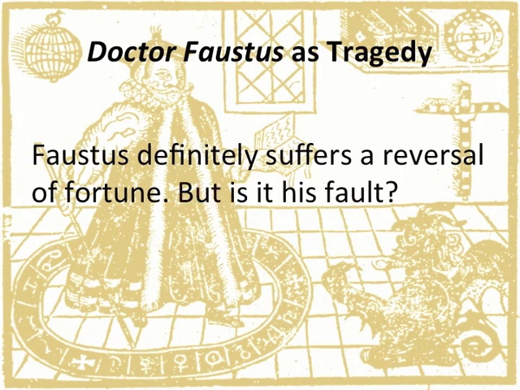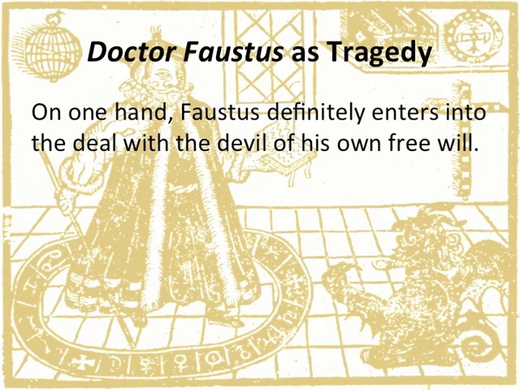Now, let me explain. Some of you probably are objecting to even my hesitation here, because certainly Faustus gets what he asks for. He sells his soul to the devil for absolute power, and as a result of making that deal, he is consigned to hell. And so on that level, he exercised free will. He did it knowingly.